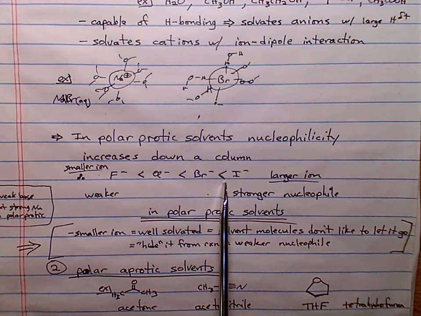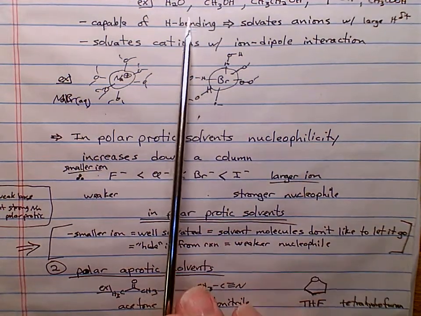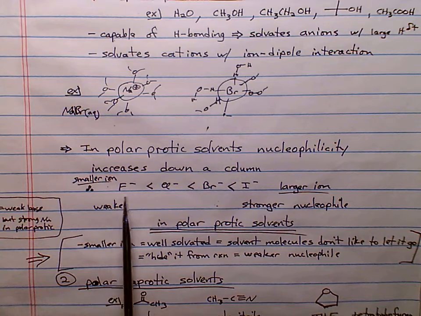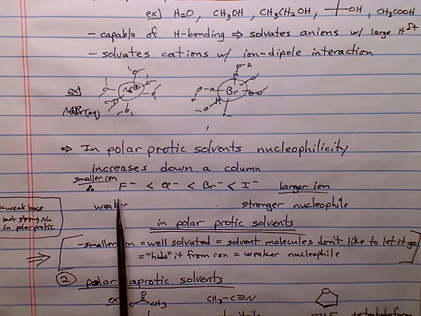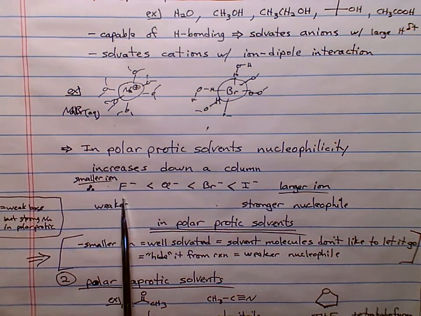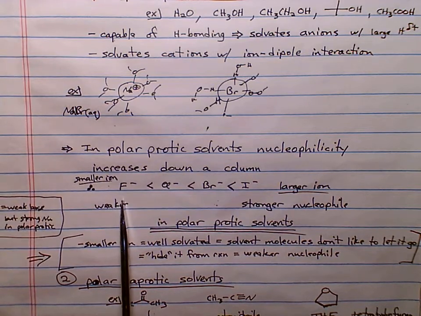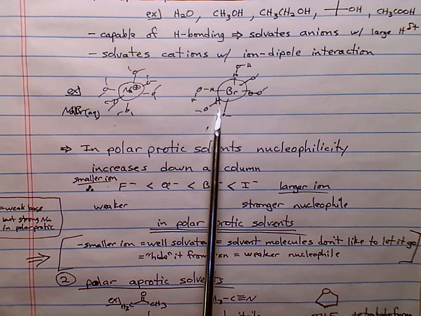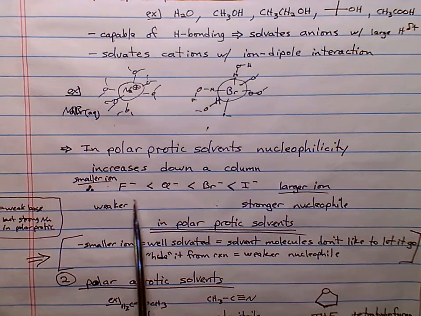But if you run an organic reaction in a polar protic solvent, water or alcohols, we find out this reverses. Fluoride turns out to be a better leaving group. It's a weaker nucleophile because water likes fluoride better than it likes iodide.